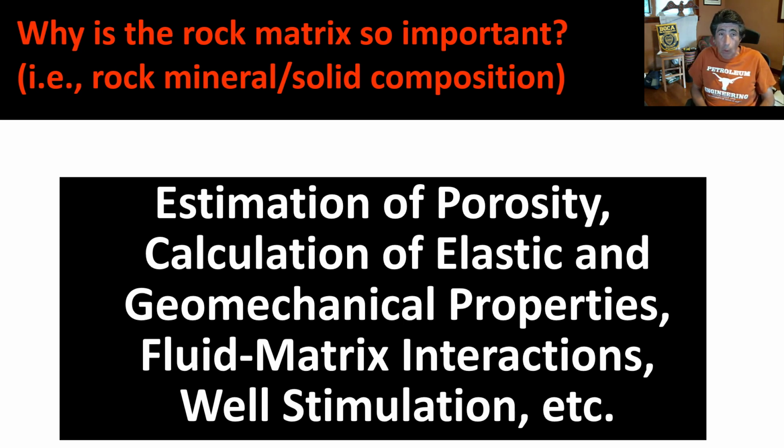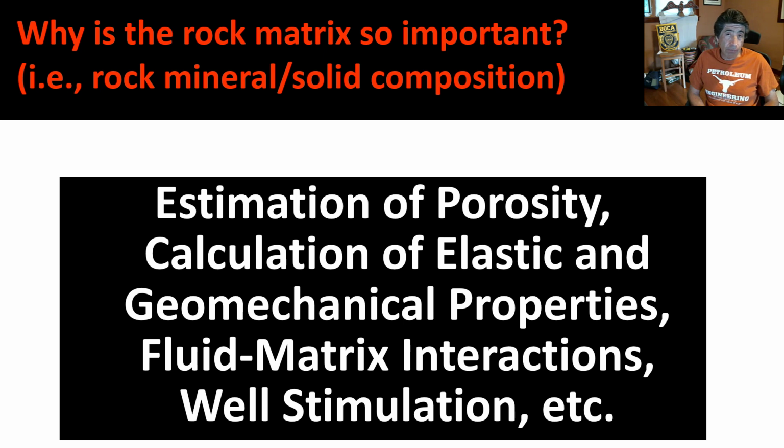Now, why is it so important to determine matrix composition, the solid composition of a rock? Well, because you need it to estimate porosity. You need the density of the matrix to estimate porosity. Second, many of the calculations that we do in geomechanics, elastic properties, all of them are based on elastic properties of the solid composition.